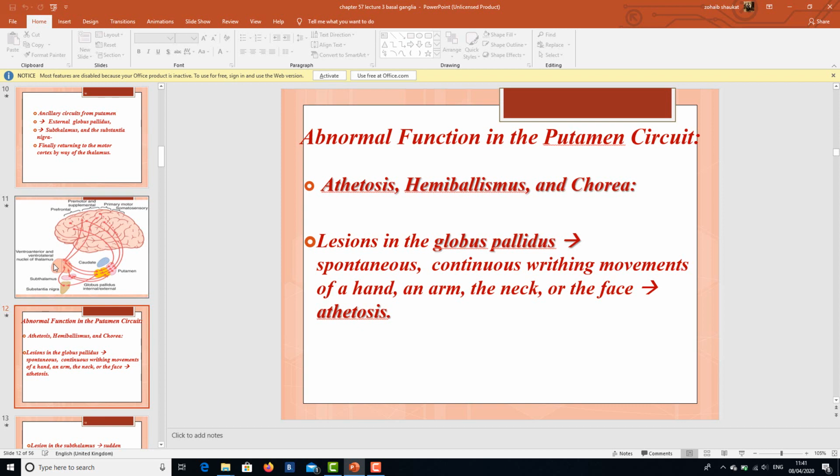If there are lesions in the globus pallidus, there are spontaneous, continuous writhing movements of a hand, an arm, the neck, or the face, and that leads to athetosis.